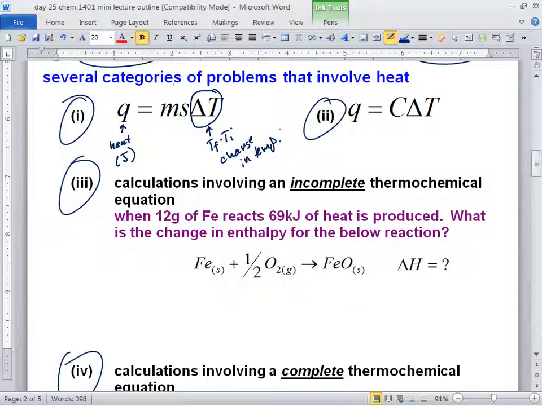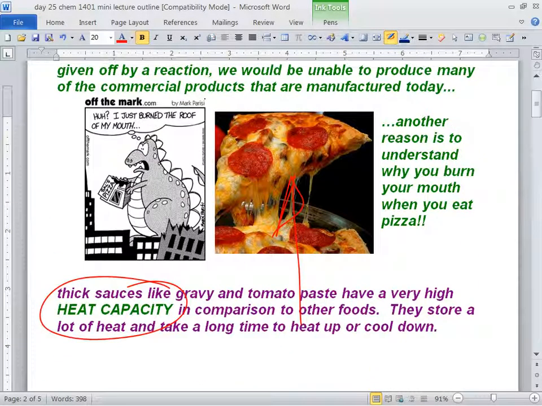Okay. And then how about M or S? Lauren. Yeah, mass. M is going to be mass. Now, equations 1 and 2 are for the pizza problem. How much heat is going to be given off by this tomato paste?